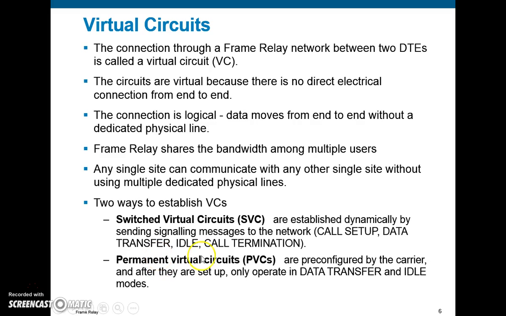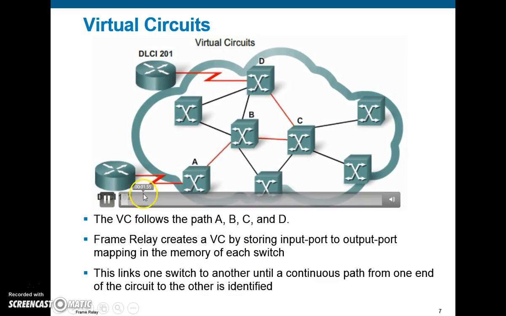How does the ISP permanently pre-configure the Frame Relay switches to establish this circuit? Let's look at how the packet is being switched. The line in red is the virtual circuit that has been pre-configured by the ISP in a permanent virtual circuit.